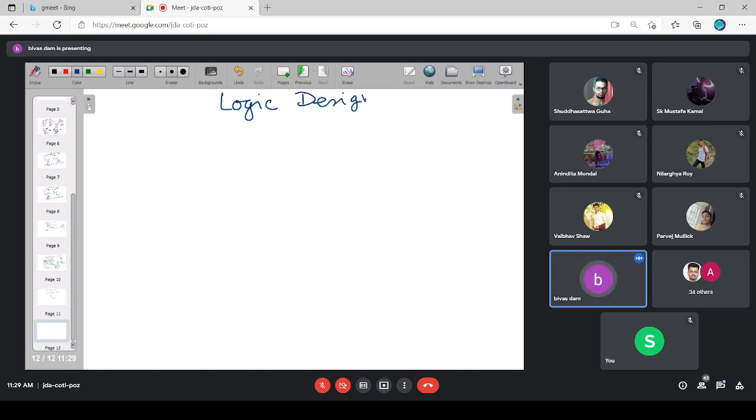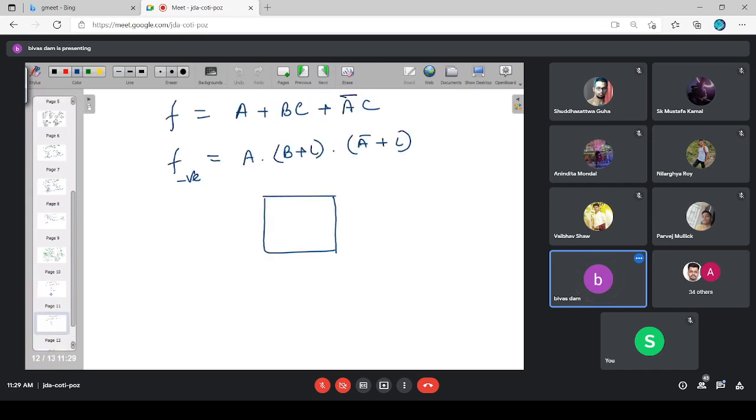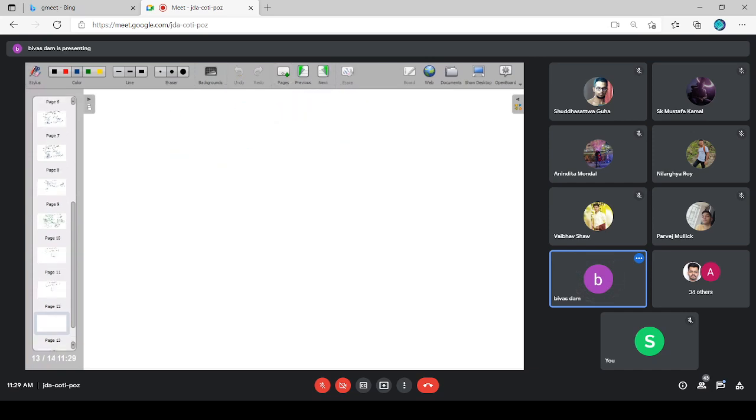Oh, before that, there are two complex logic gates. They do not come under the basic logic gate category. They are a bit complex logic gates.